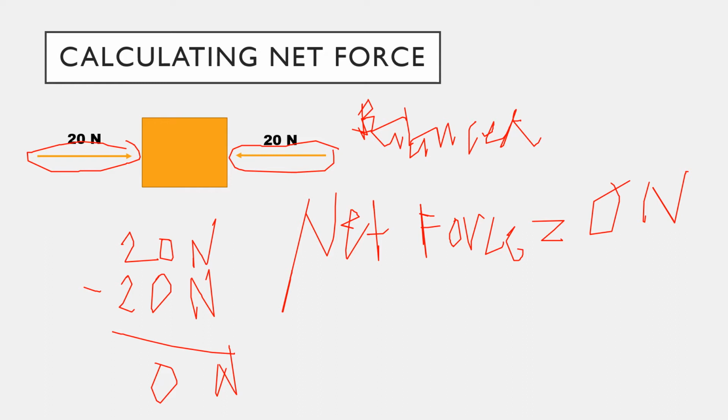Since the forces are equal or balanced, the box stays in position. Meaning to say that this box will not move. So our net force here is equivalent to 0 Newton. Next problem.